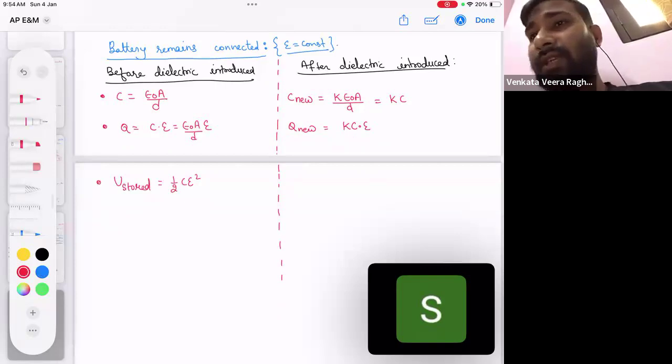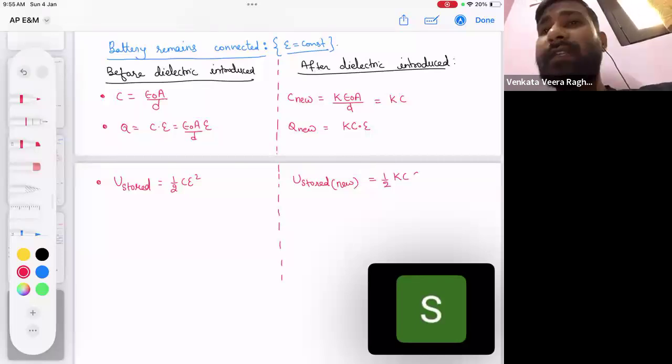So that's why I'm doing it. Okay. What is the new energy stored? Will it be equal to half, new capacitance K times, half KCE square? Fourth thing, what is the electric field?